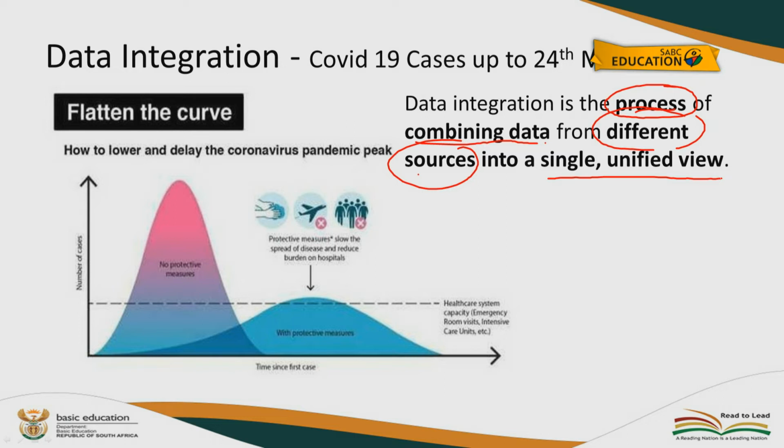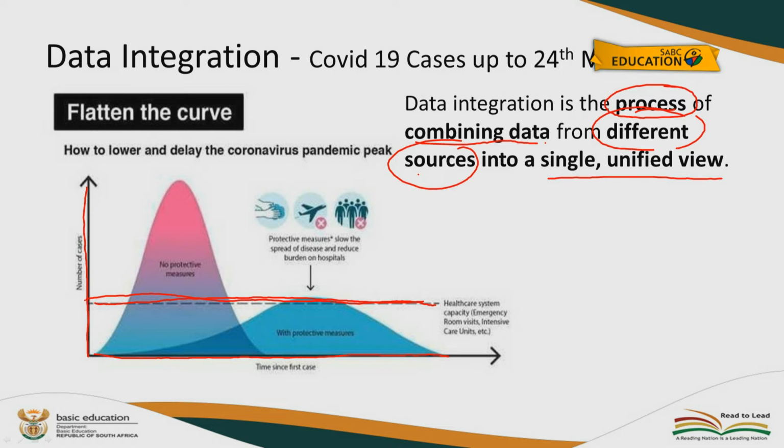Note the following, and if you haven't understood the curve, now's your chance. Remember, this is your y-axis, this is your x-axis. The line that is represented on the y-axis is our medical capacity. That means how many beds and medical workers do we have in the country that can help with the increasing infection rates.